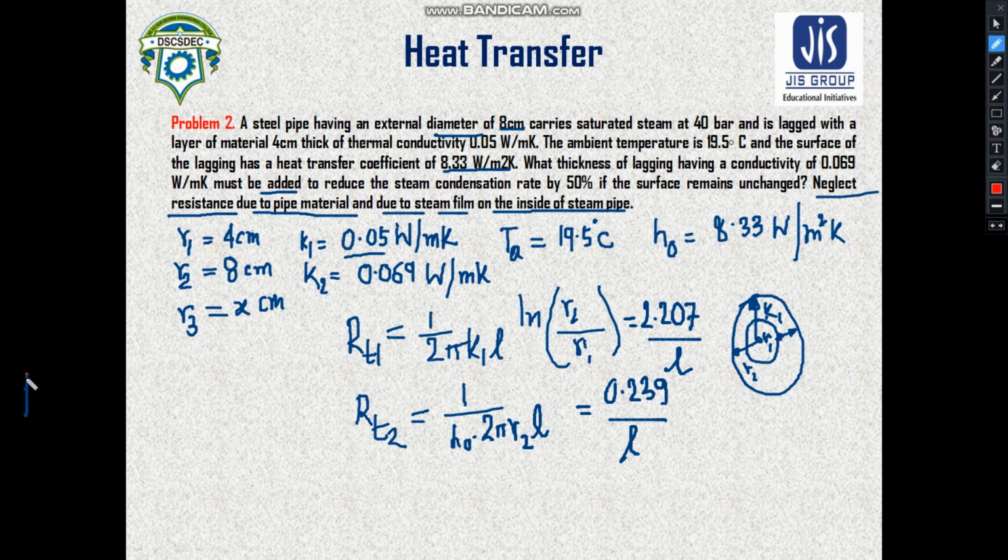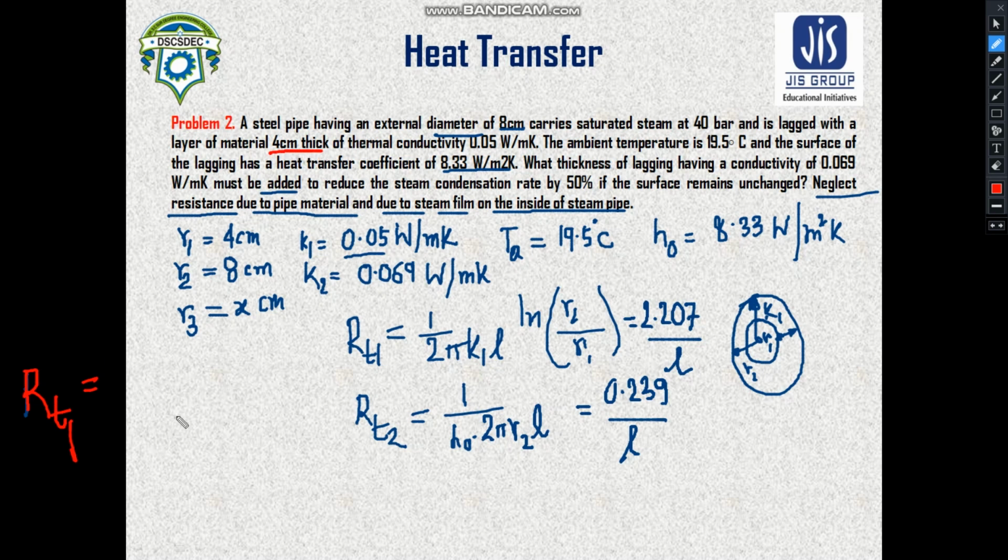So you can say that the net thermal resistance, let us use a different ink here. So the net thermal resistance in the first case, when the second layer of insulation wasn't provided, so this refers to the first case when there was a single layer of insulation only, which was 4 centimeter thick.